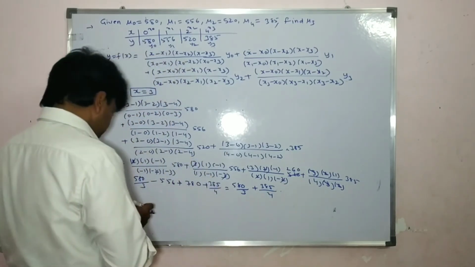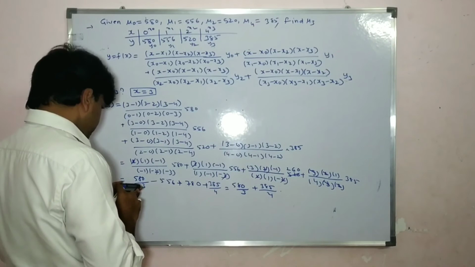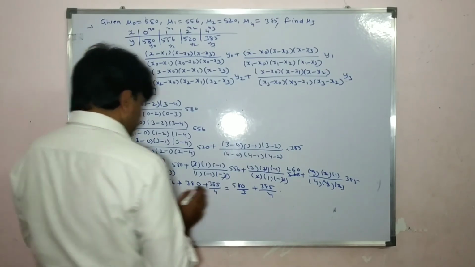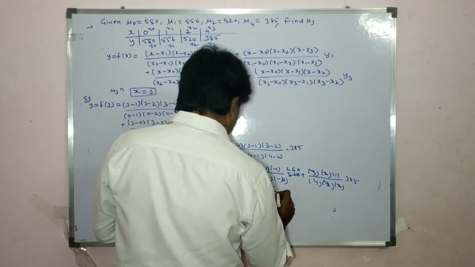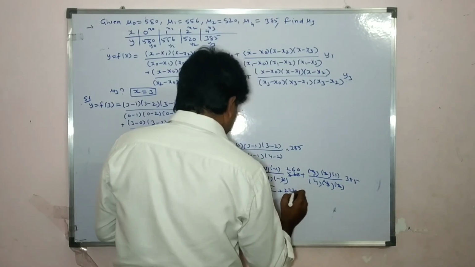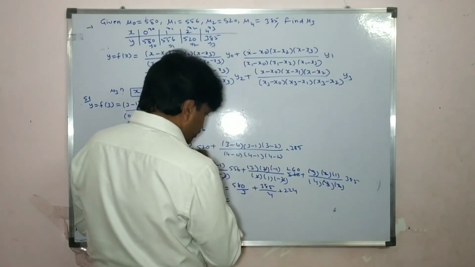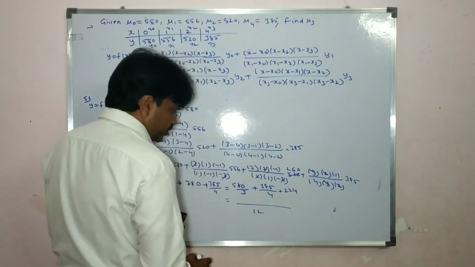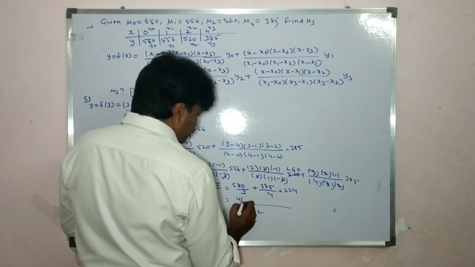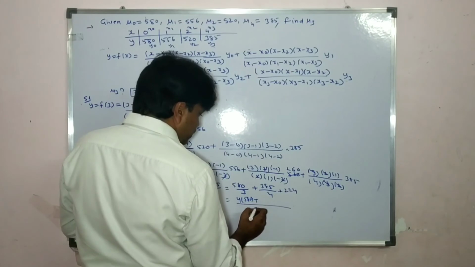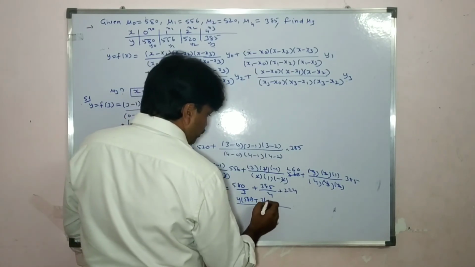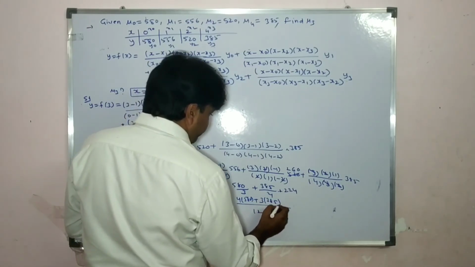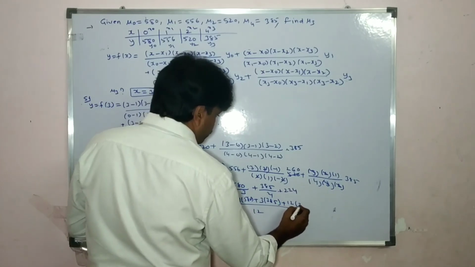So students, 780 minus 556, that is equal to 224, plus 224. What is the LCM, students? LCM is 12. So 4 into 580 plus 3 into 385 plus 12 into 224.